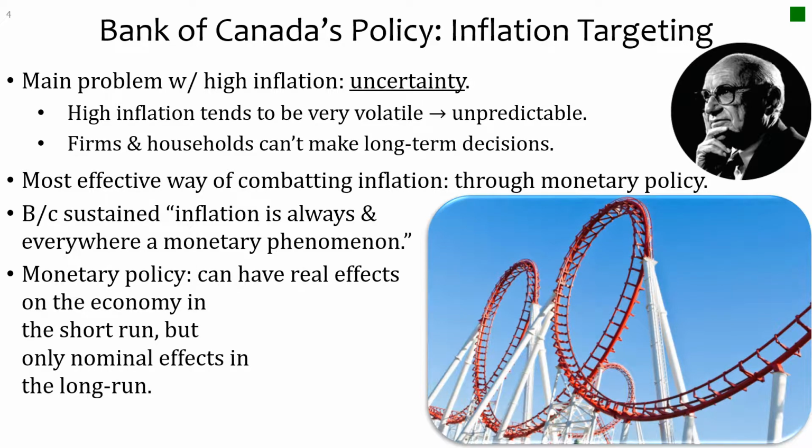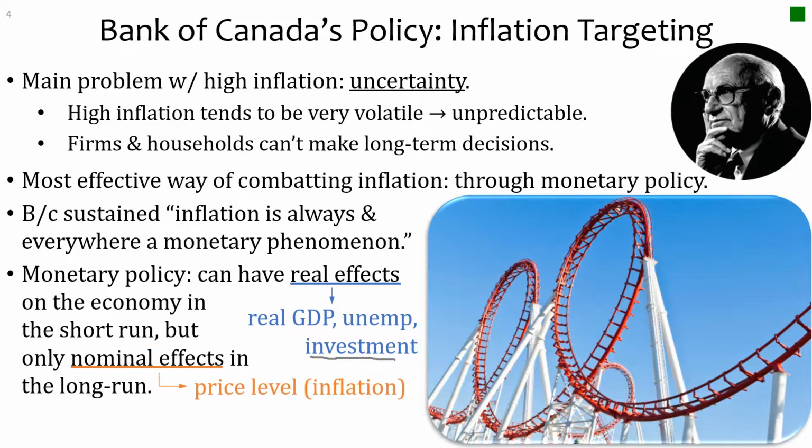Monetary policy can have real effects only in the short run, but in the long run, it has only nominal effects, right? So real effects mean affecting real GDP or unemployment or investment. And when it says investment, what it means is real investment, not just the dollar value. Nominal effects mean the price level, like the inflation.